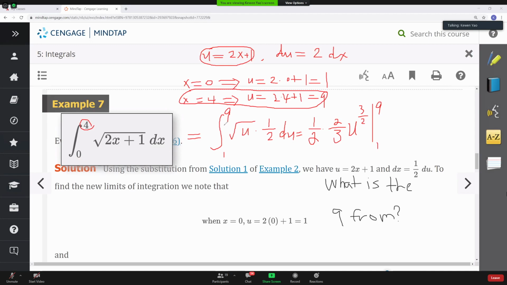So this is the new upper limit. And x equal to 0 is the old lower limit. Put 0 inside, so u equals 1. This is our new lower limit for u. So this is where the 9 comes from. Thank you, you're very welcome.